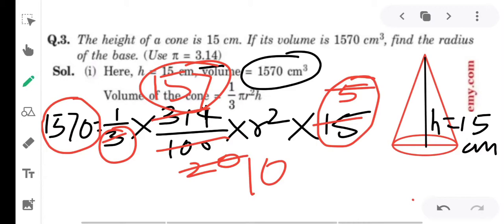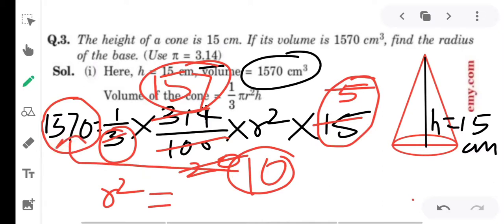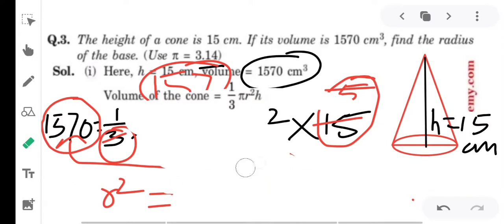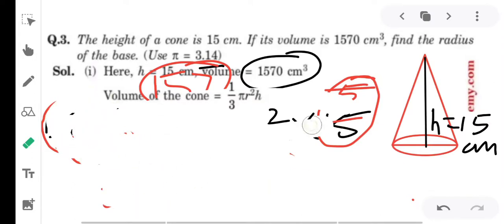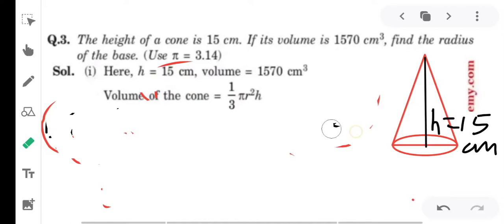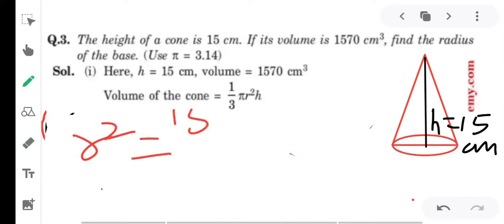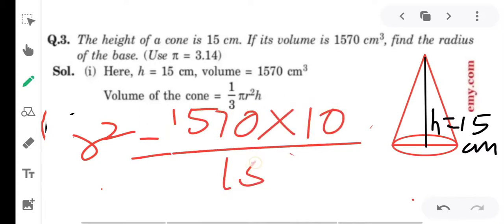So simply what we can write, r square is equal to, ये जो 10 है ये क्या होगा, इसके साथ मल्टीप्लाई हो जाएगा, क्रॉस मल्टीप्लिकेशन हम यहाँ पर करेंगे. सो यहाँ पर इस वैल्यू को मैं यहाँ पर रब कर देता हूँ, एंड अगेन आई कैन राइट ऑल दिस वैल्यूज़. तो किस तरीके से मैं इसको लिखूँगा, द रिमेनिंग वैल्यू, आप भी मेरे साथ सिमिलरली यू कैन राइट अलॉन्ग विथ मी, राइट? So we will get r square, the finally the remaining value would be 1570 multiply with 10, and it is divided by 157, right?